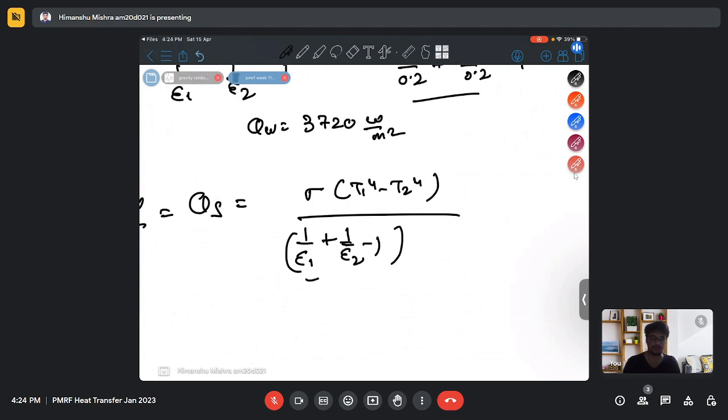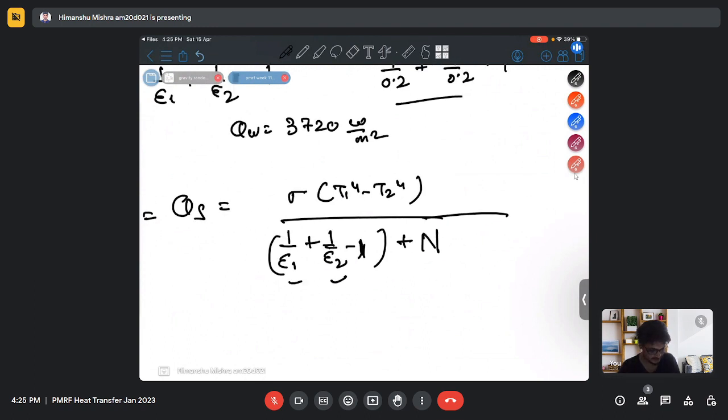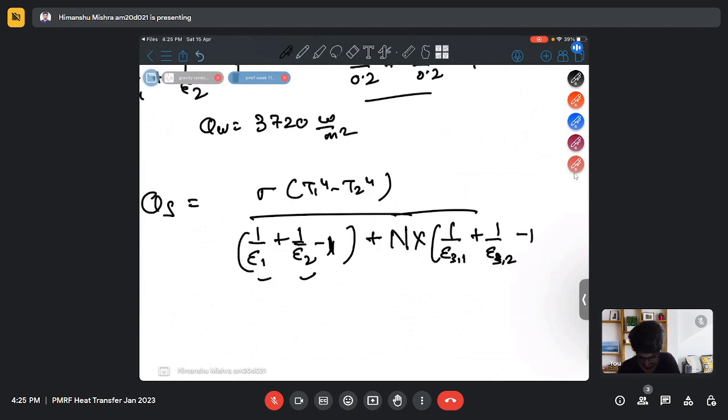This emissivity is for the first plate and the last plate, and between the first plate and the last plate there can be n number of radiation shields. So for such cases the expression can be given as, this is my n number of shields multiplied by 2 over epsilon 3 minus 1.